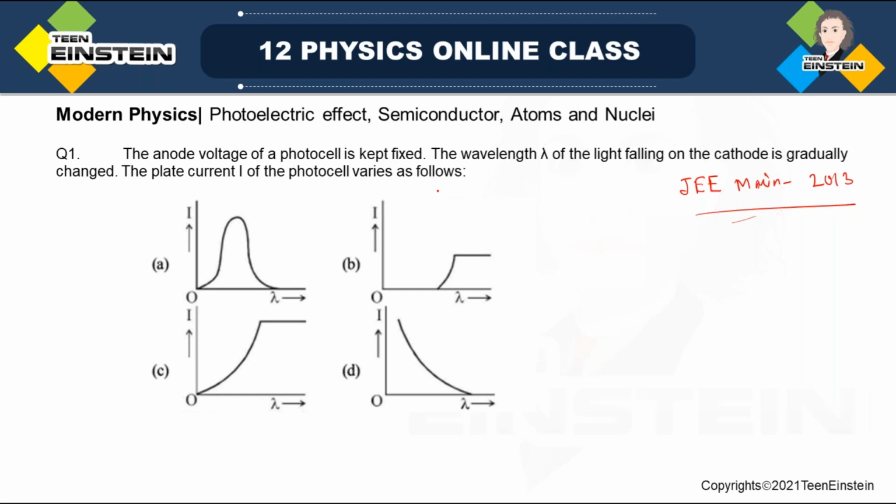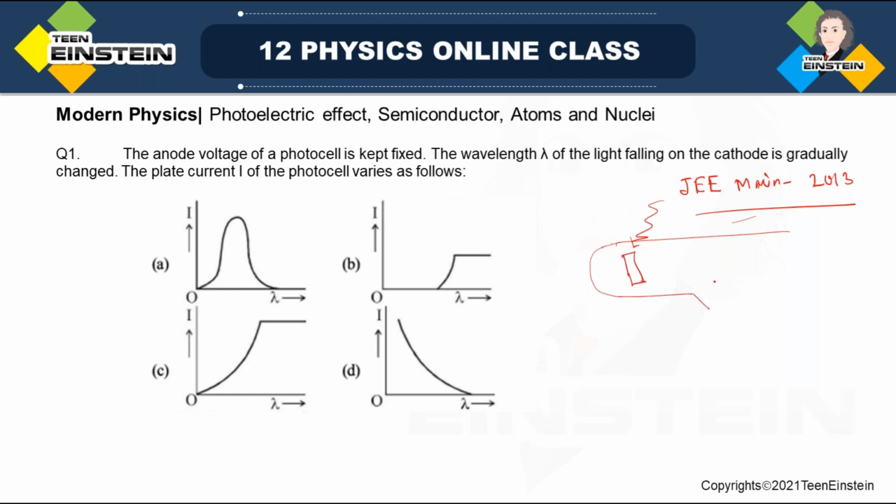So, you might be remembering the photoelectric effect, the photocell, where we have a photosensitive cathode. Upon illuminating that cathode, electrons will be emitted. It happens in an evacuated chamber.